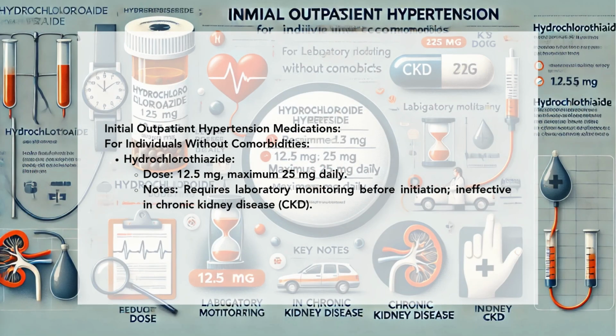Initial outpatient hypertension medications. For individuals without comorbidities, hydrochlorothiazide, dose 12.5 mg, maximum 25 mg daily. Notes: requires laboratory monitoring before initiation, ineffective in chronic kidney disease, CKD.